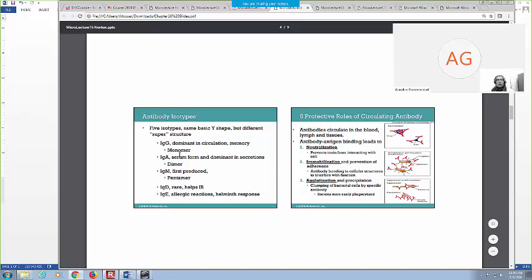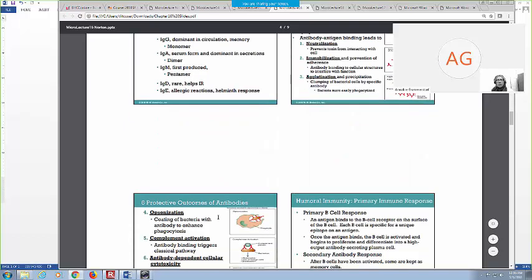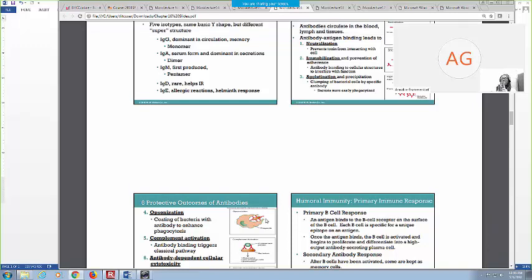The only thing that a dimer or a pentamer would not be able to do is opsonization, because of the stick of the Y. You have the Y, and the two arms are out there binding the antigen, and this heavy chain, which is not variable, it's a fixed region, in a dimer or in a multimer like a pentamer, is not available to be recognized by the receptors on a phagocytic cell, or recognized by complement.